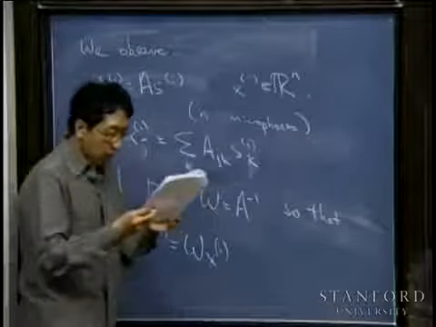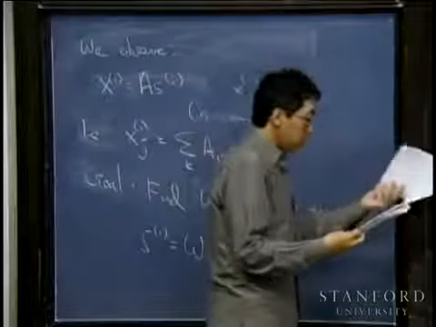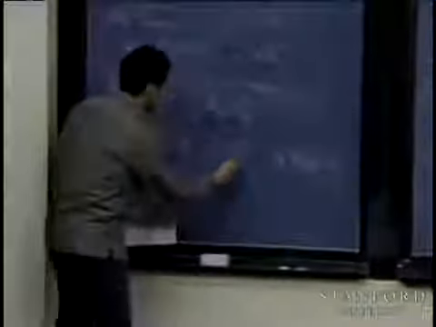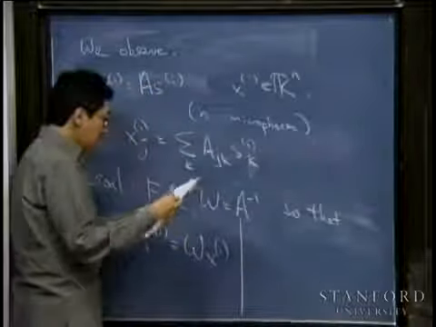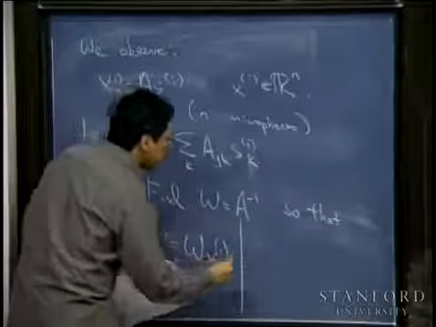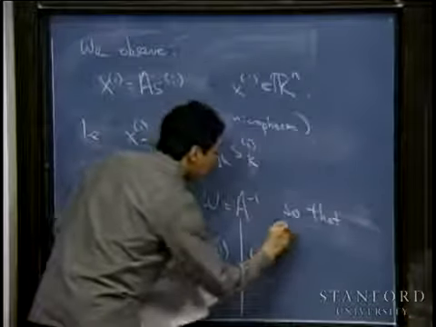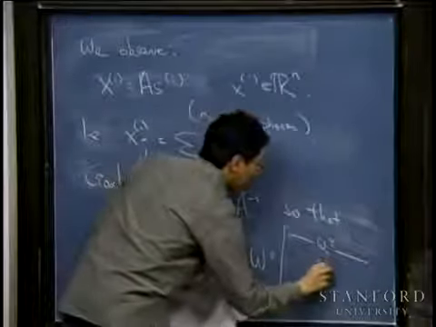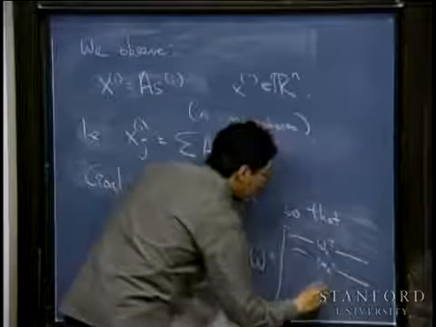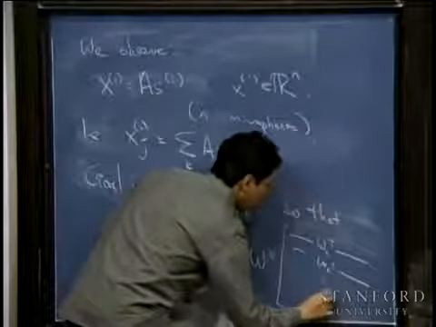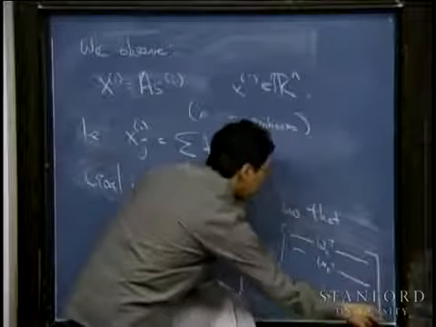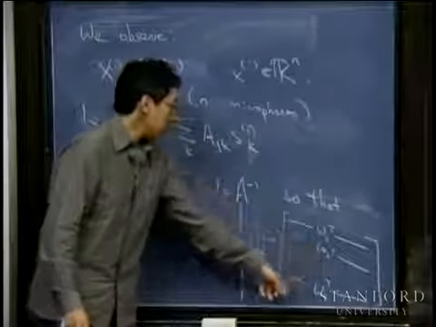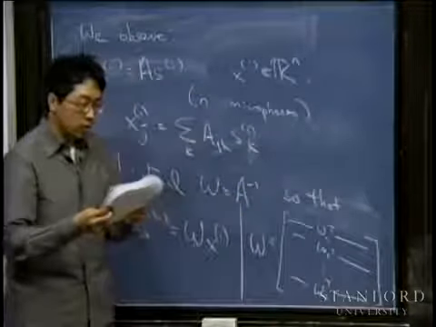And just as a point of notation, I'm going to write the matrix W this way. I'm going to use lowercase w_1, w_2, and so on to denote the rows of this matrix W.